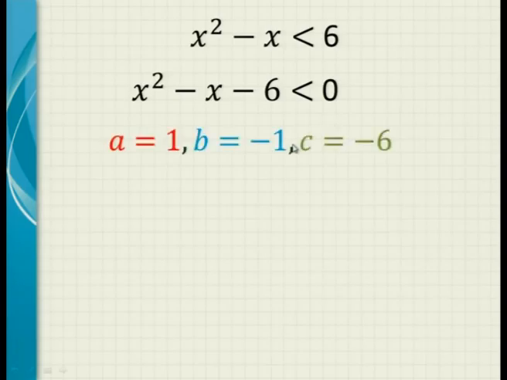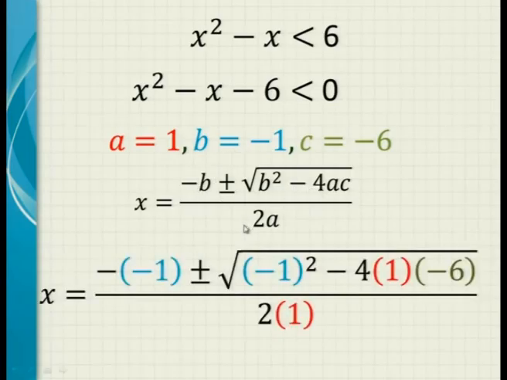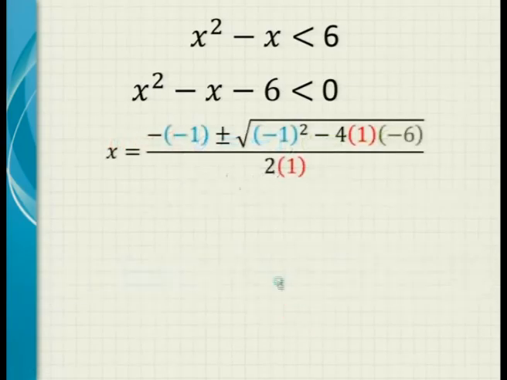Now we're going to take it further. By now you should easily be able to identify A, B, and C, and use the formula and substitute those values in the formula like this. Remember, we use the brackets. If you're not sure about this, go back to that lesson, because I'm not going to do that now.